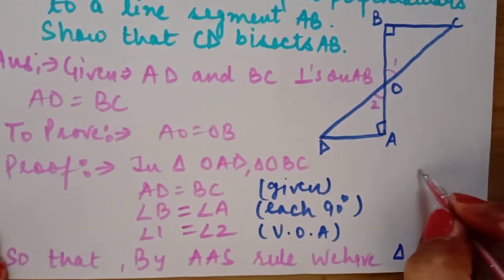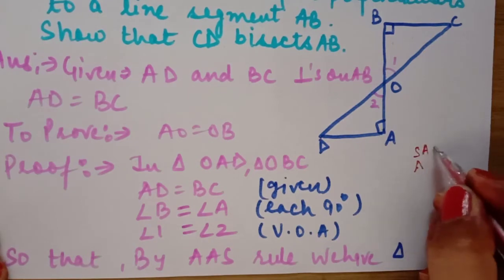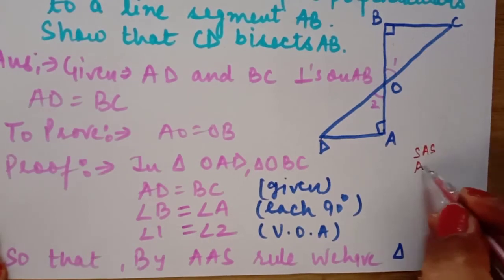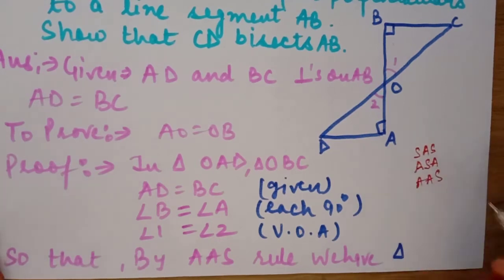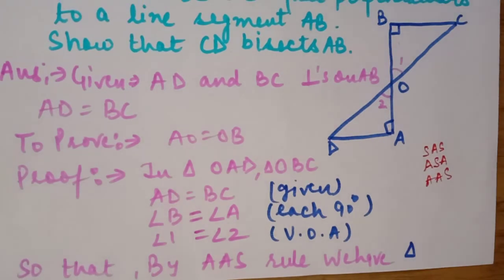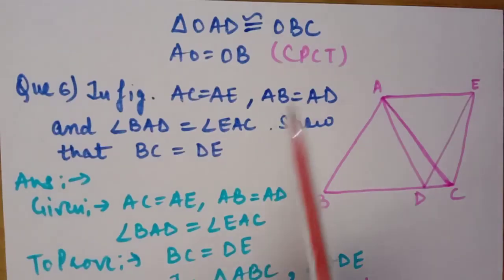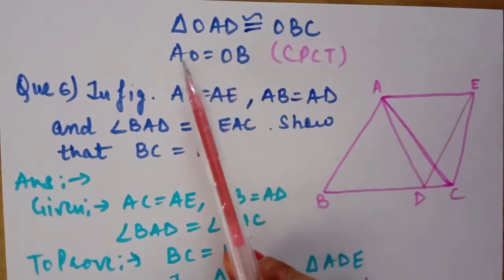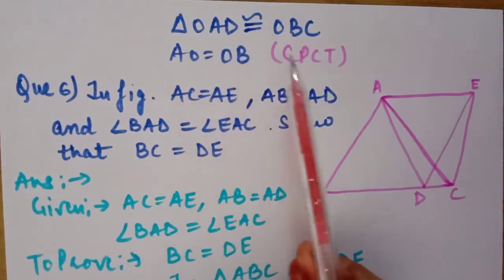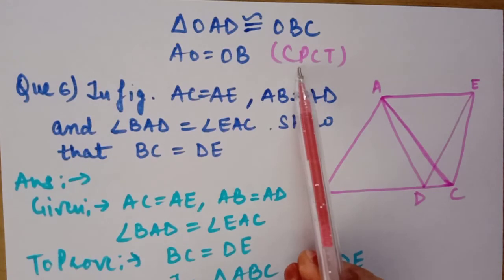Our first rule is SAS, second rule is ASA, and third rule is AAS. Do not confuse between these rules. Learn step by step. So by the AAS rule both the triangles are congruent and AO is equal to OB by CPCT, corresponding parts of congruent triangles.